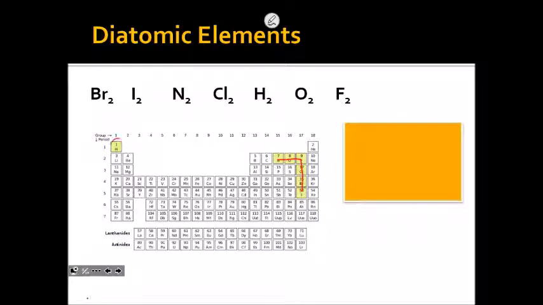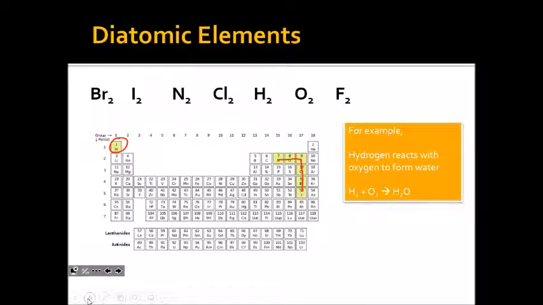Don't forget hydrogen's the 7th over here. These guys always have to be written with the 2, or it's not going to work. So, bromine, iodine, nitrogen, chlorine, hydrogen, oxygen, fluorine. So definitely don't forget your diatomics. They're important. So 7 rule or Brinclhof, however you need to remember it, that's what you want to do.